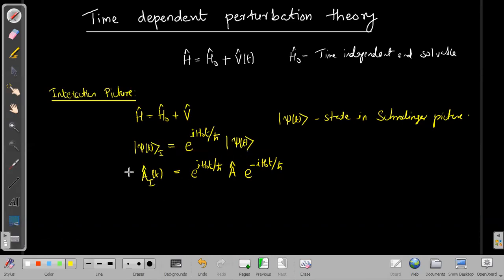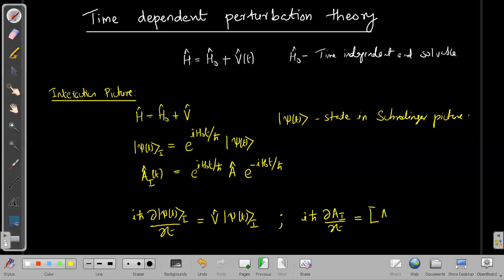Now we can write the equation of motion for the state vector. It will take the form i h cross dou psi of t I by dou t, where the subscript I represents the interaction picture, and that would be equal to V acting on psi of t I. Similarly, the time evolution for the operator can be written as i h cross dou A_I by dou t is the commutator of A_I comma H0.